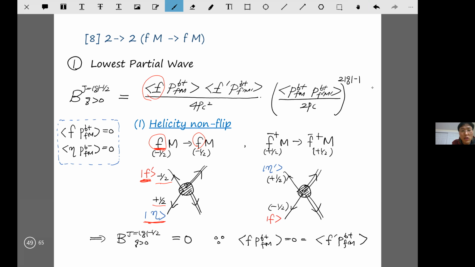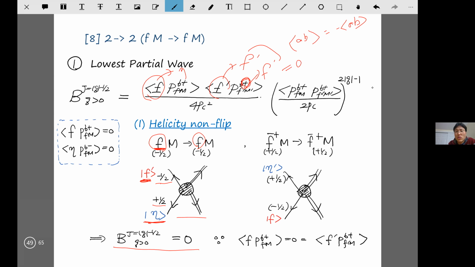So you take this to be eta and this to be f prime. And then I note that the plus variable in the massless fermion limit is equal to f. And then the contraction is antisymmetric, and therefore, if you contract the same guy, that's 0. So for this helicity non-flip process, I just showed that this is 0.